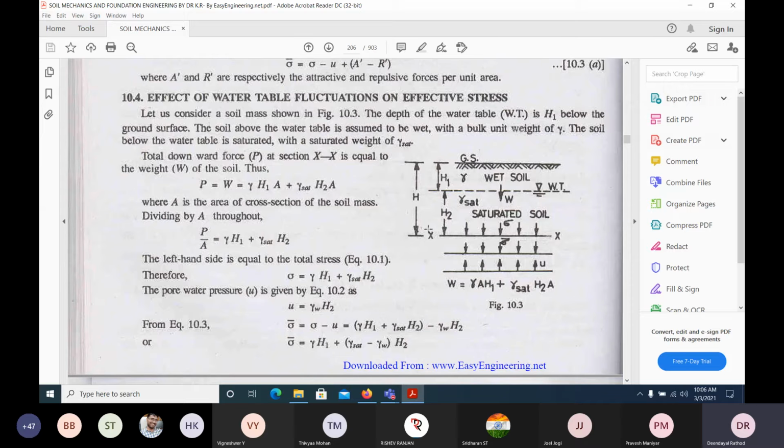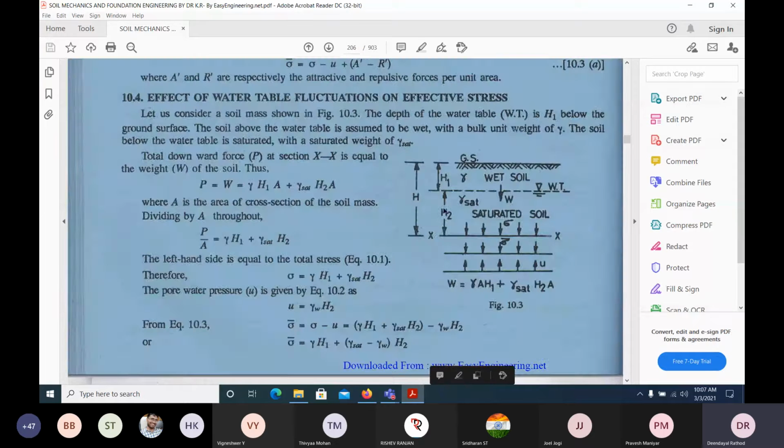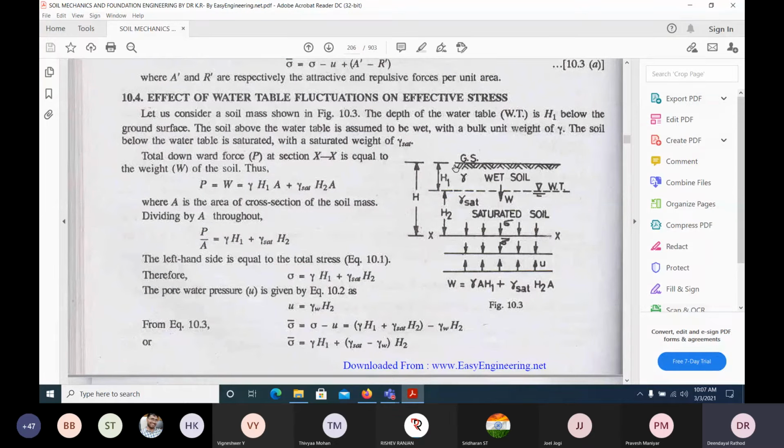And I want to find out the effective stress at point X here. Is it visible? This one is wet soil and this one is fully saturated. H1, H2, and the total depth is H. Here I want to find out the effective stress. Hope it is clear.